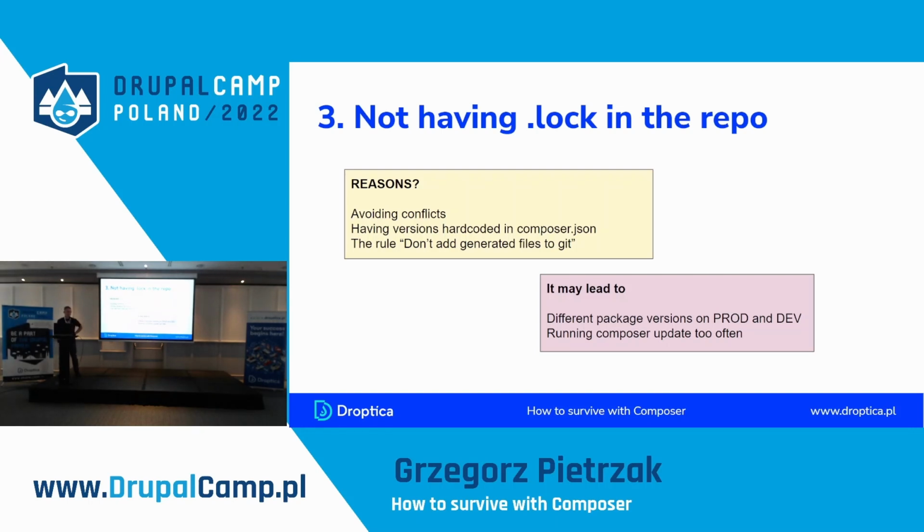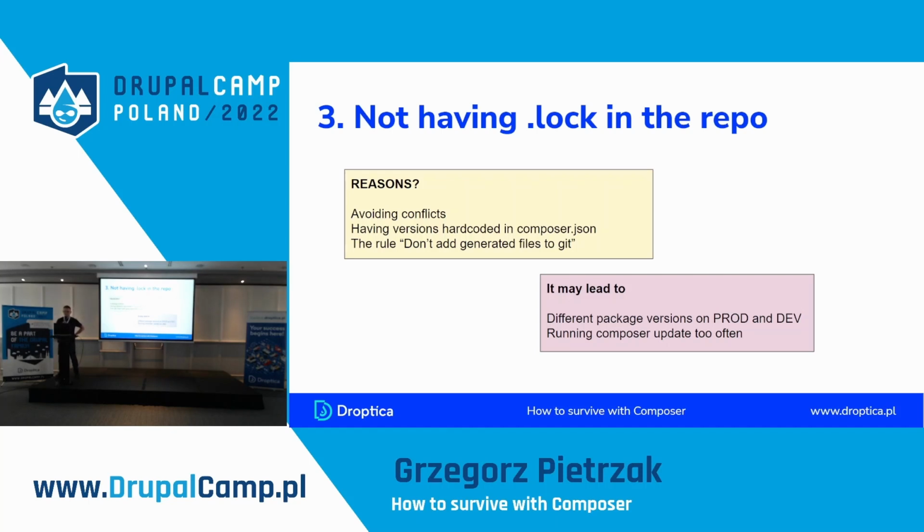Until today, if you go into Stack Overflow, you will find thousands of topics about how to work with the Composer lock, how to work with vendors, and until today, people are still claiming that they don't want generated files in Git. So they don't put the lock file in the repo. They are relying on their composer.json files.